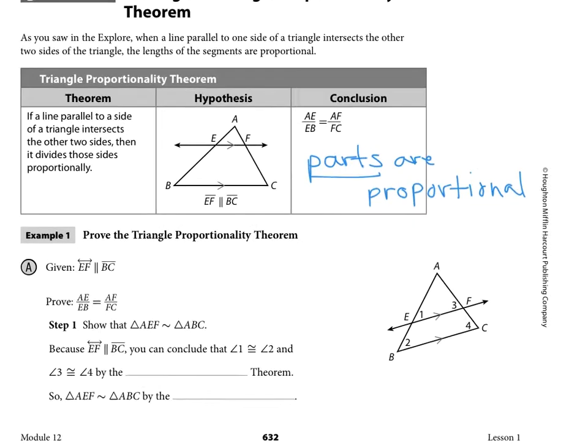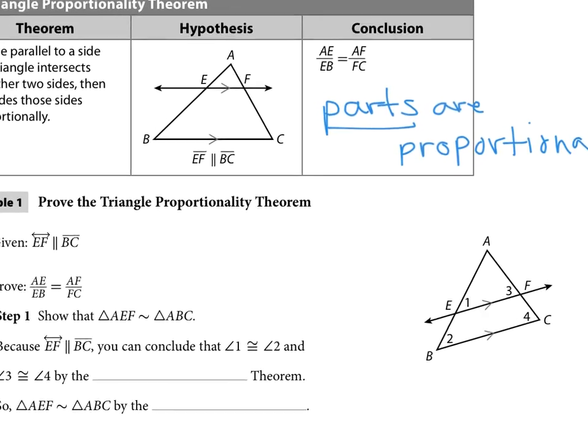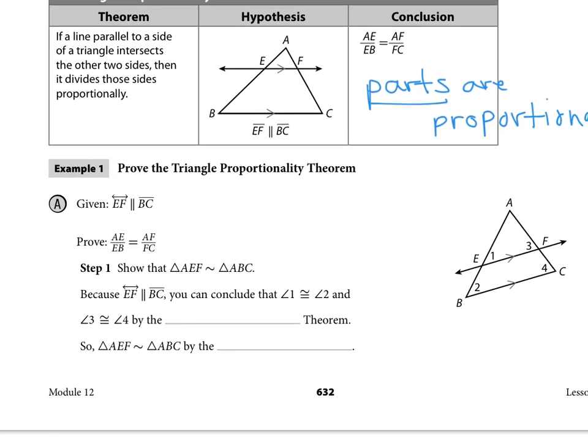So if we zoom in here a little bit, for Example 1, we're given the diagram with triangle ABC over here on the right, and we can see that triangle ABC has been cut through by a line that is parallel to that third side, and that really, you guys, is the only given that we have to go on in this proof. Our goal is to prove the triangle proportionality theorem. That means, given that we have a parallel line cutting through the triangle, prove that the parts are proportional.